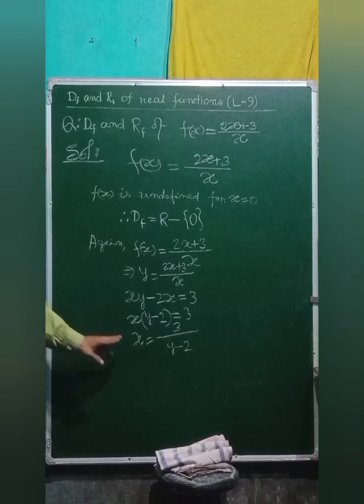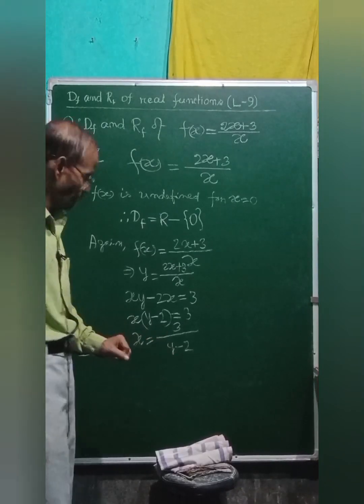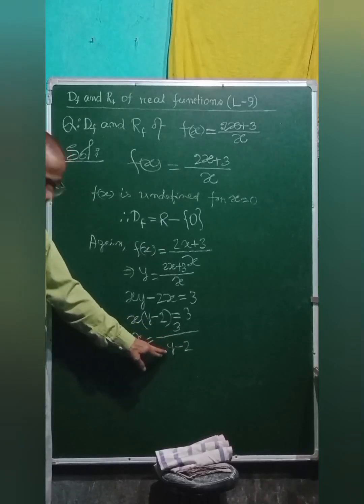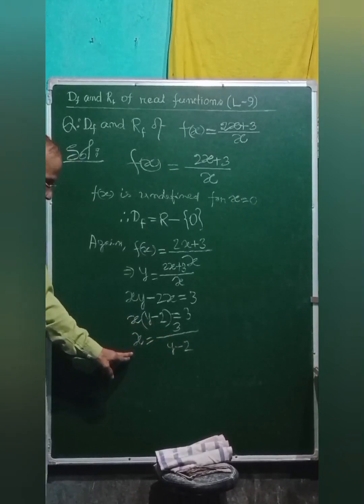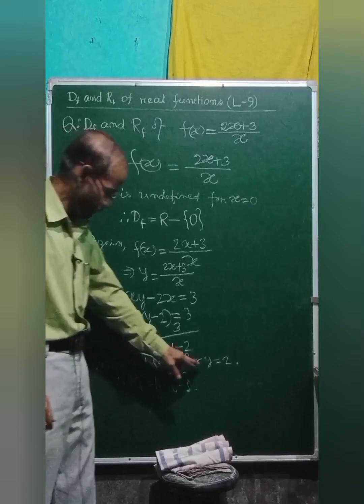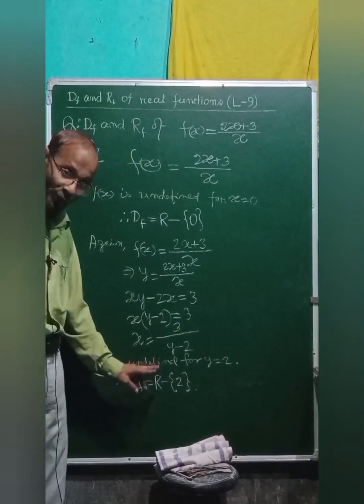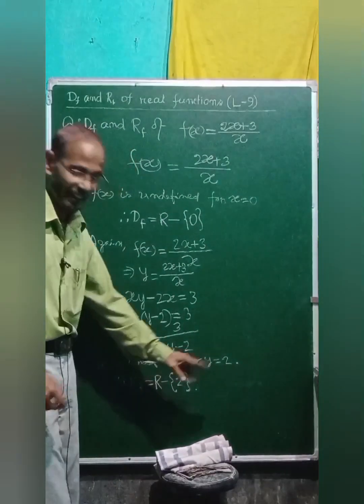Now x is expressed in terms of y. Again we see the situation in the denominator: if y = 2, it becomes 0 and x becomes undefined. So x is undefined for y = 2. Therefore, the range is the whole set of real numbers minus {2}.